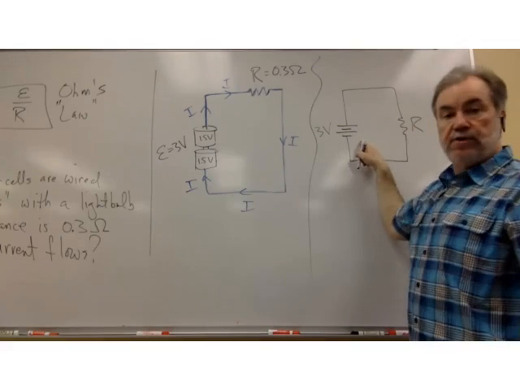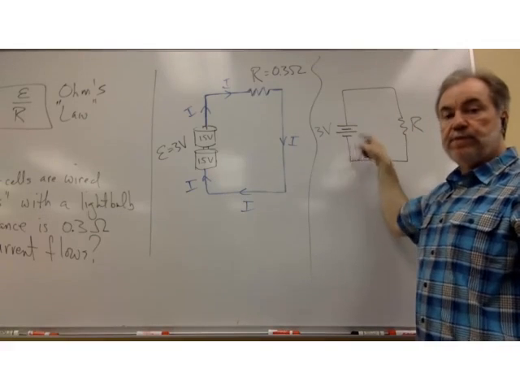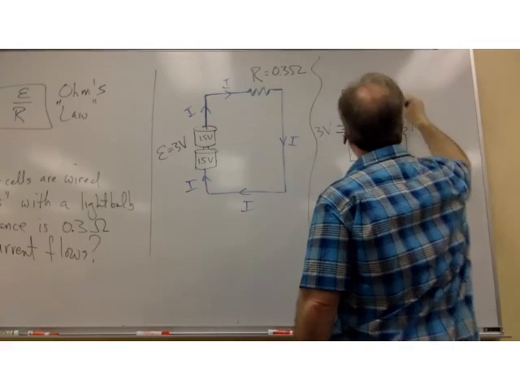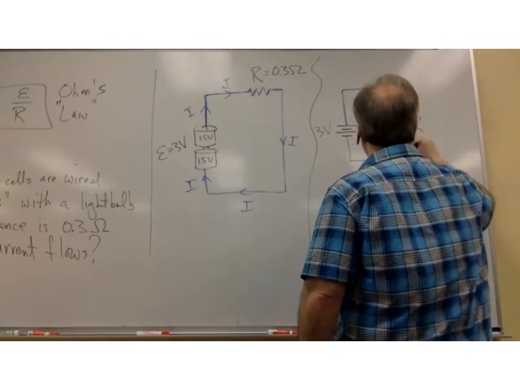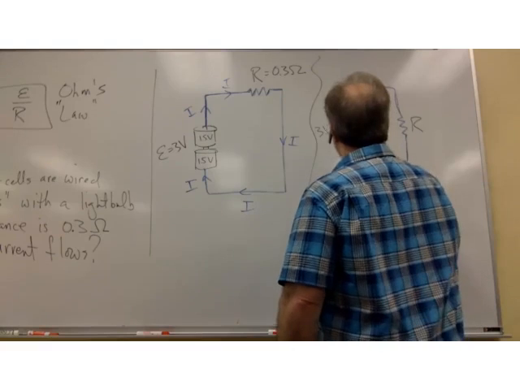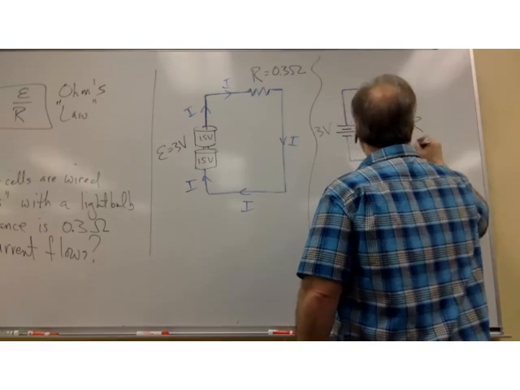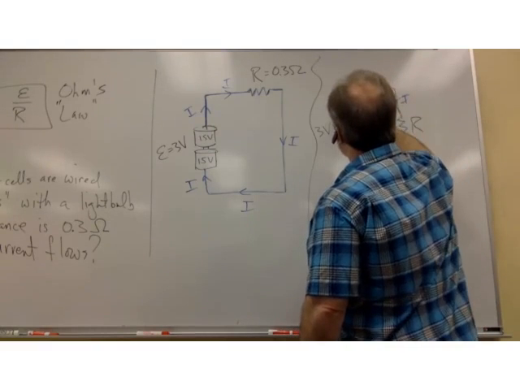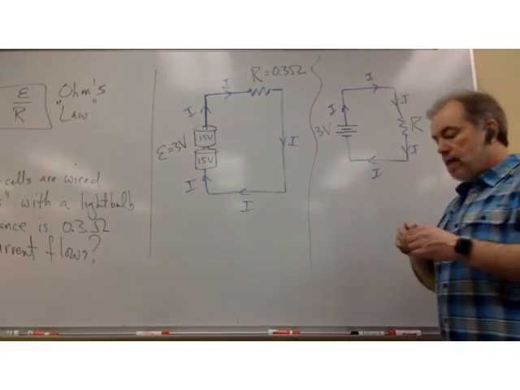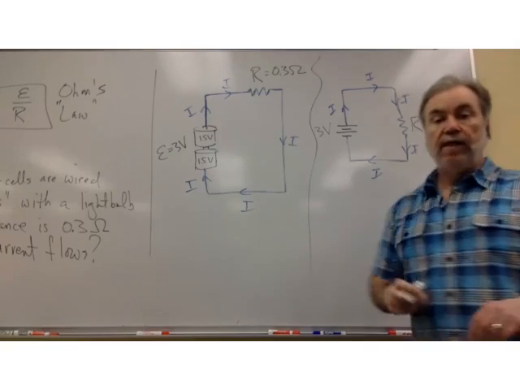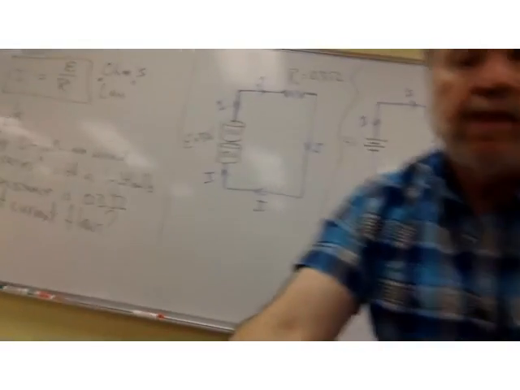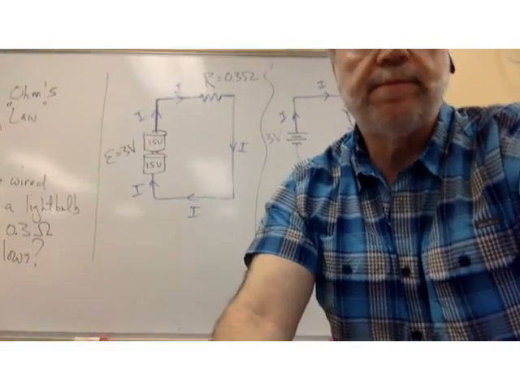Normally we don't draw 2 of these symbols, we just draw the one symbol and label it with how big the potential difference, the EMF, is. I talk about that because frankly that's the hardest part of the problem.